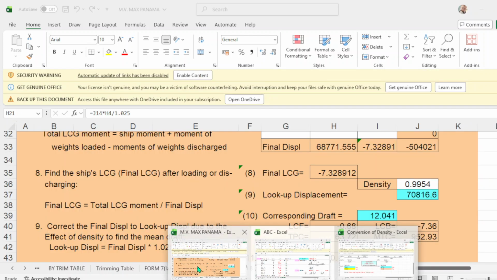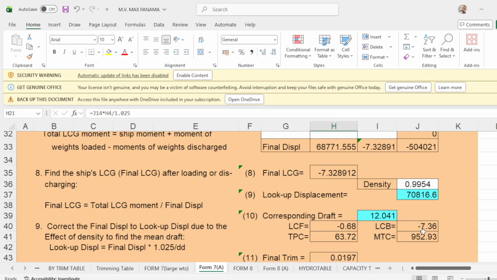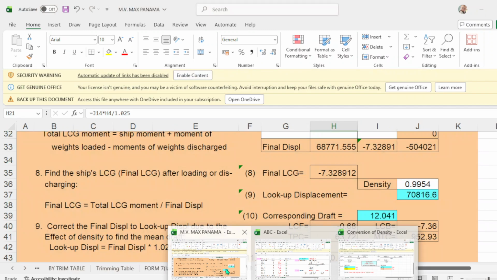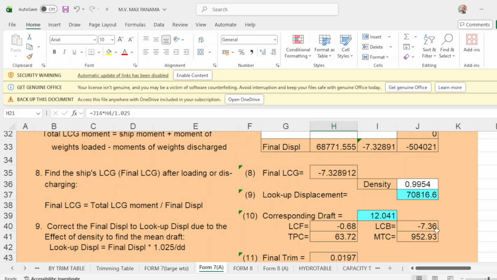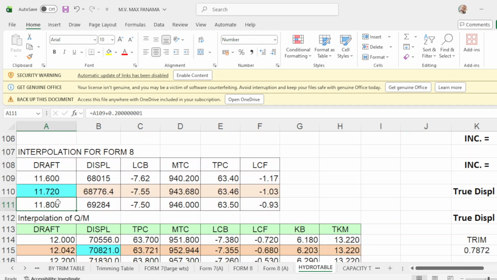In the hydrostatic table, LCB is negative 7.36 or 7.35, depending on which figure you would like.